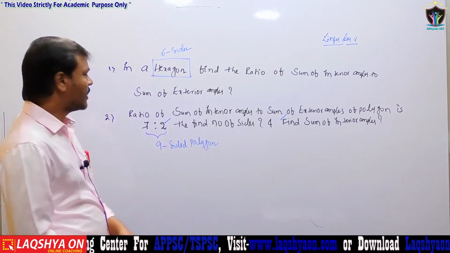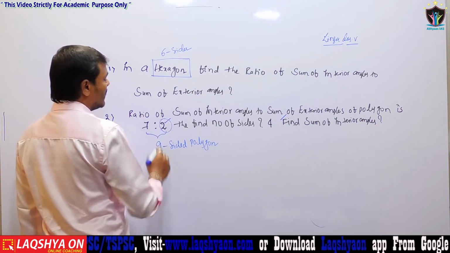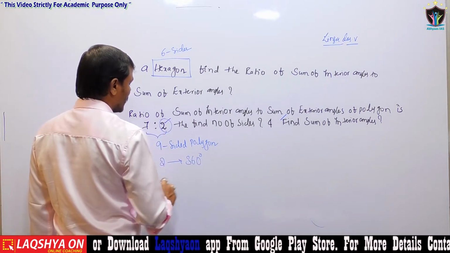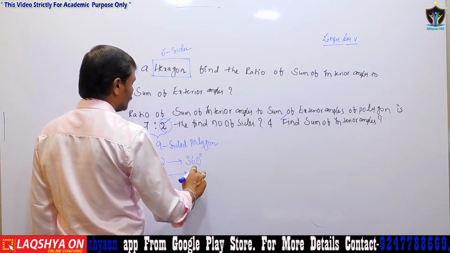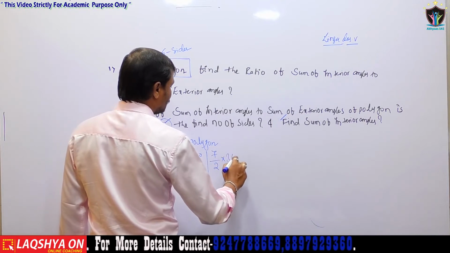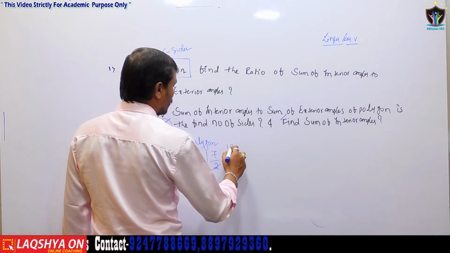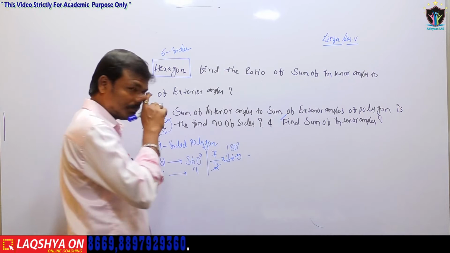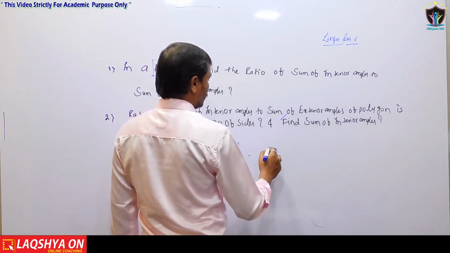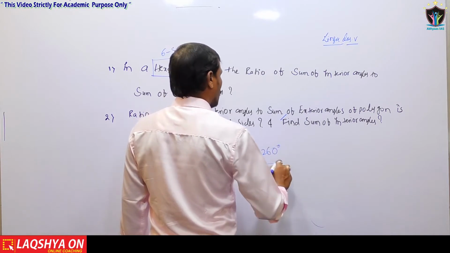Now find the sum of interior angles. The exterior angles are always 2 parts, that is 360 degrees. The interior is 7 parts, so 7 by 2 into 360, which is 7 into 180, that is 1260 degrees.